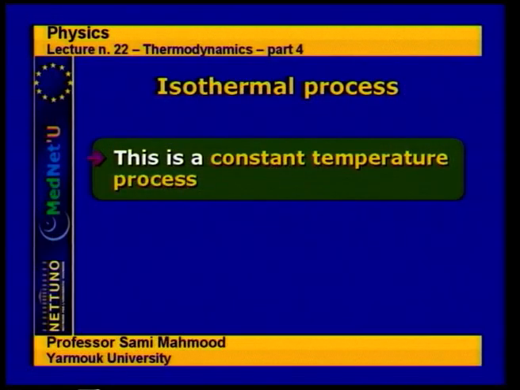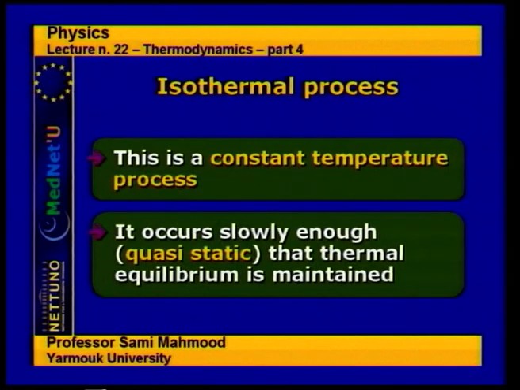The other process that we would like to discuss is the isothermal process. Isothermal process, as the name indicates, is a process which is performed at constant temperature. Iso, that means similar or equal, thermal, temperature. And in this process, as we said, T is constant. The temperature of the system is constant.